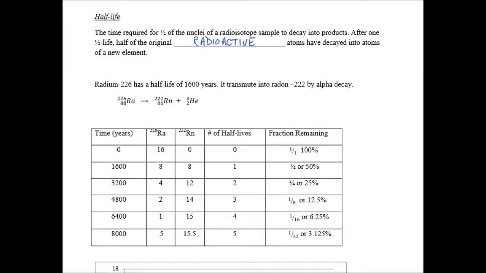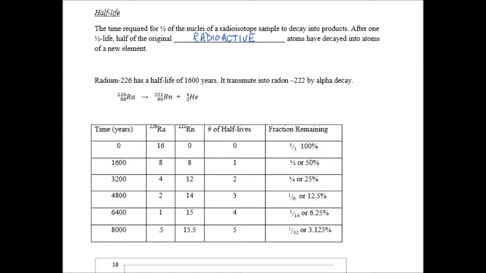So radium-226, we would look up atomic number 88, has a half-life of 1,600 years. It transmutes into radon-222. So then we could figure out it is by alpha decay.